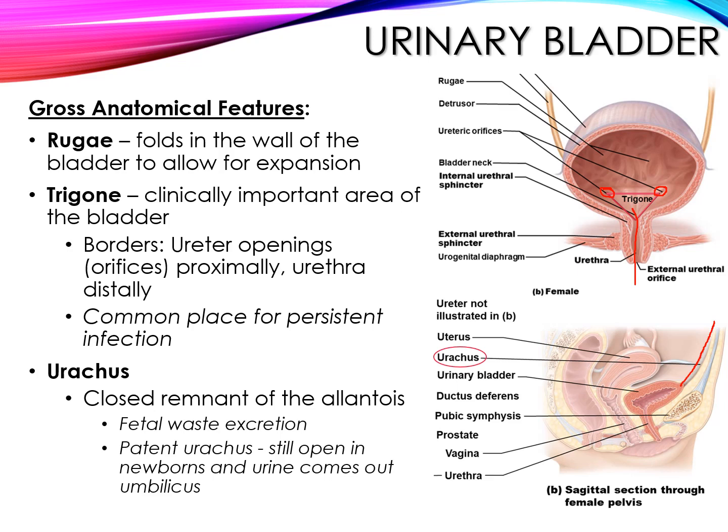Another feature of the bladder is a fetal remnant structure, just like we talked about some fetal remnant structures in the heart. The urachus is something that used to be open in the fetus to allow for fetal waste excretion.